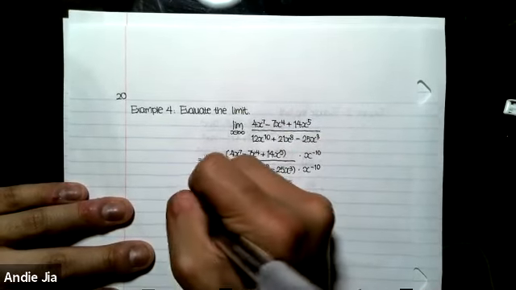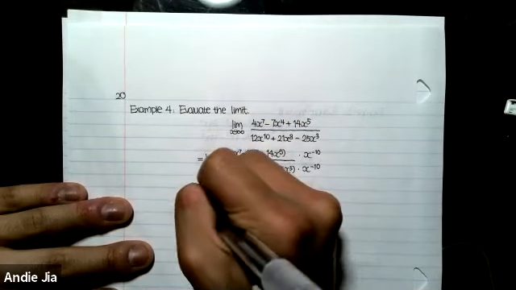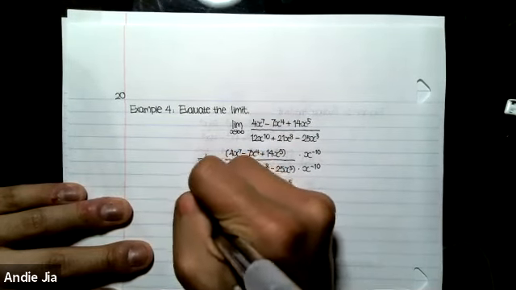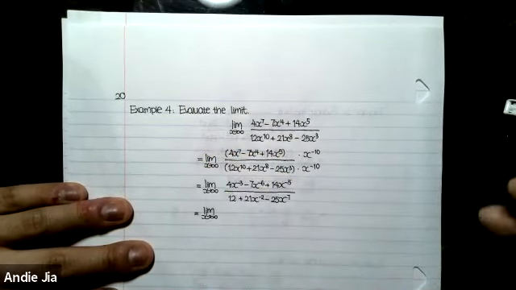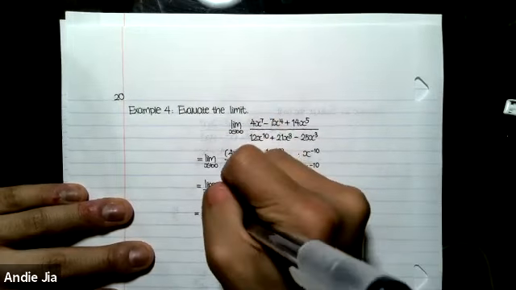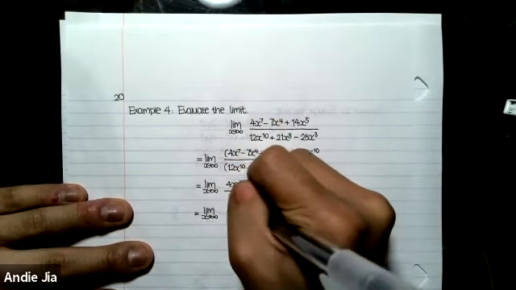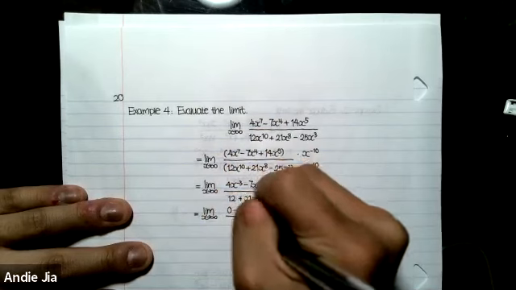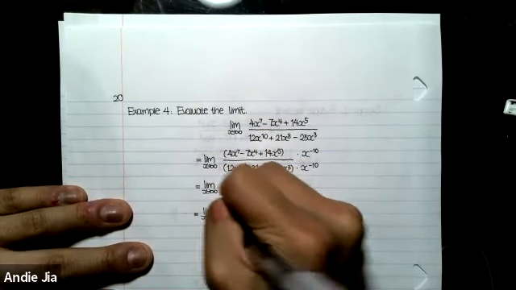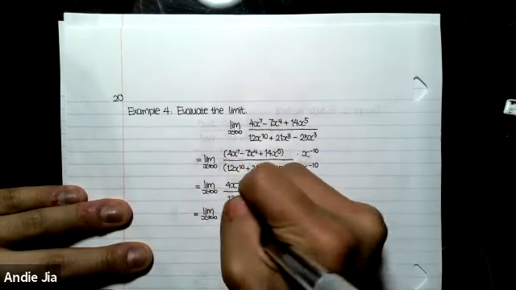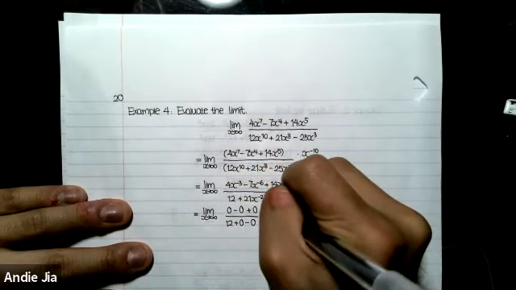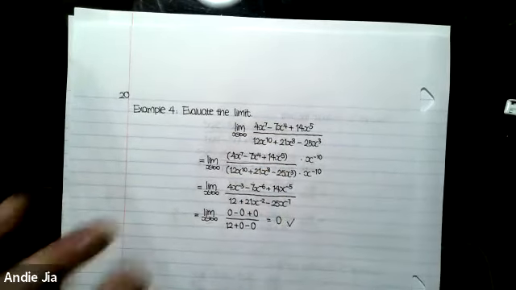Then we apply the limit law: the numerator is 0, 0, and a 0, so 0 minus 0 plus 0, over 12 plus 0 minus 0, so it is a 0. That's the limit.